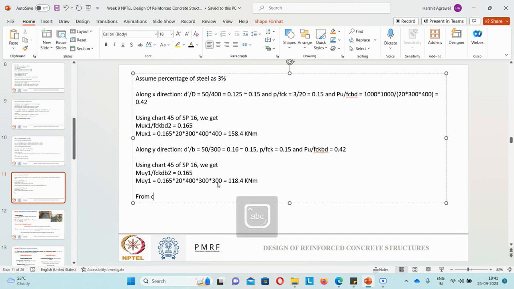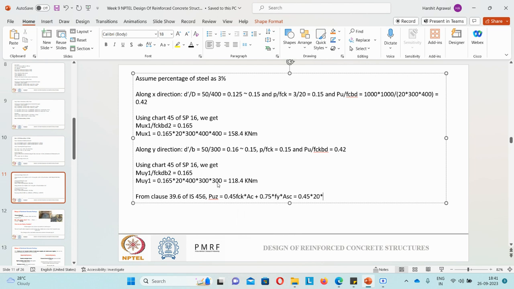From clause 39.6 of IS 456, we can say Puz is equal to 0.45 fck Ac plus 0.75 fy Asc. 0.45 fck is 20, and Ac is nothing but Ag minus Asc. I know the gross area Ag, it is bD, and 3% steel I have provided.